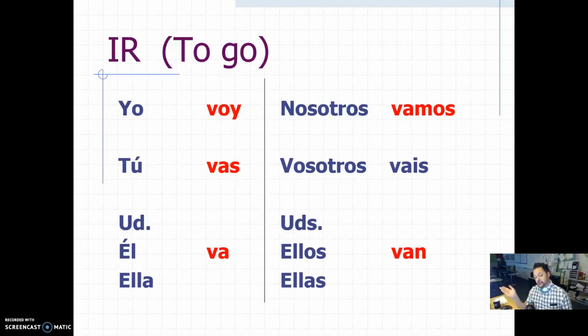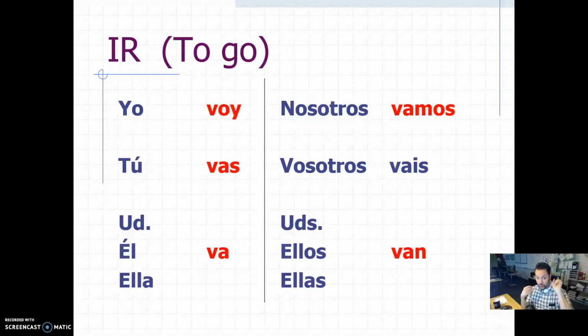So do not try to take the infinitive ir, it's an IR ending verb, and remove the last two letters and then put on IR verb endings. No, you're not doing any of that because the verb ir behaves in its own way and it changes into all of this that you see right here.